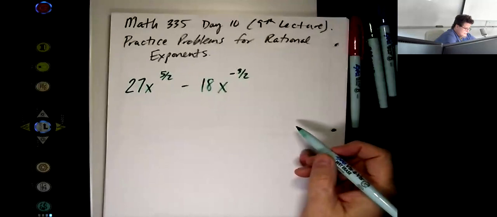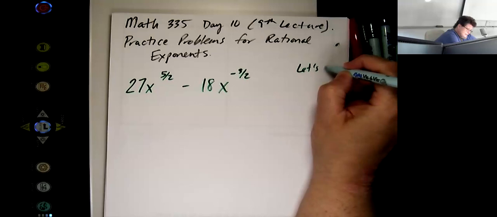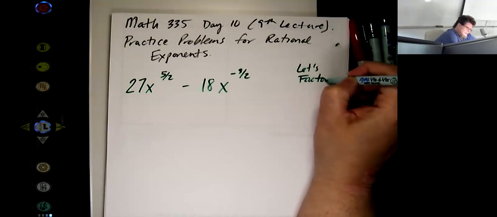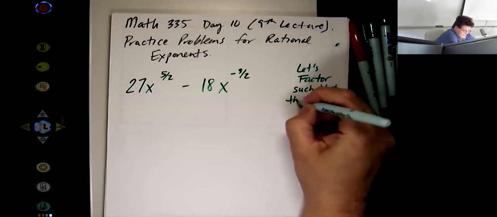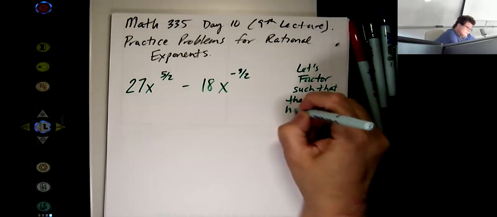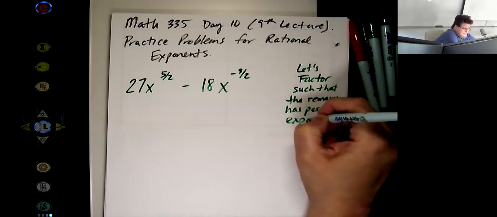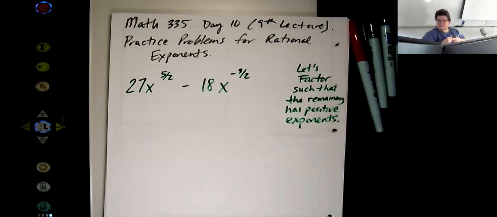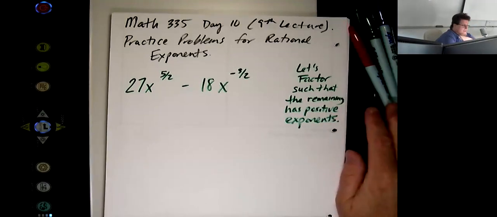Let's factor out the greatest common factor, and we want to do it such that the remaining stuff has positive exponents. Go ahead and give that a try for a minute or two, and then we'll do it together.